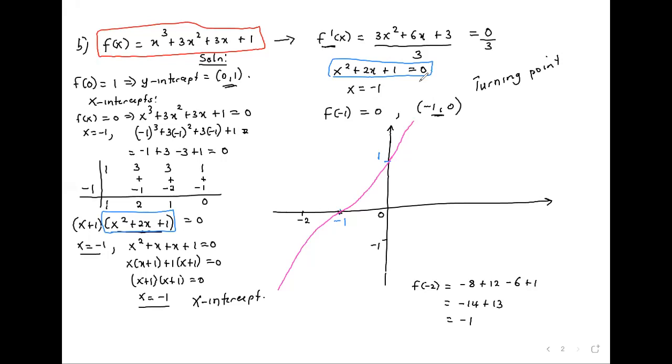This simplified one. No. You get 0. It will be 2x plus 2. Oh, 2x plus 2. Exactly. Oh, all right. Sir.